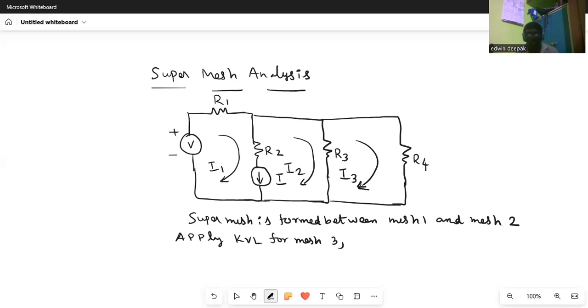While writing the equation, we assume the signs plus and minus. Current always flows from higher potential to lower. So we write the voltage drop as minus R3 into (I3 minus I2) minus R4 into I3 is equal to 0.